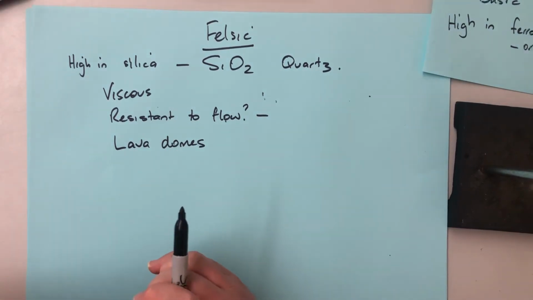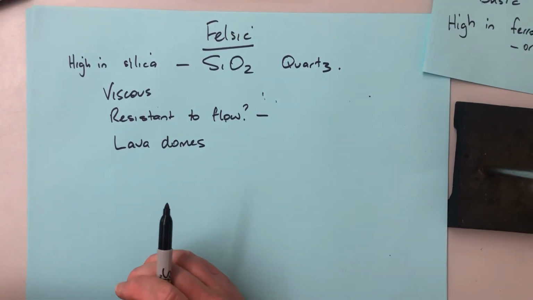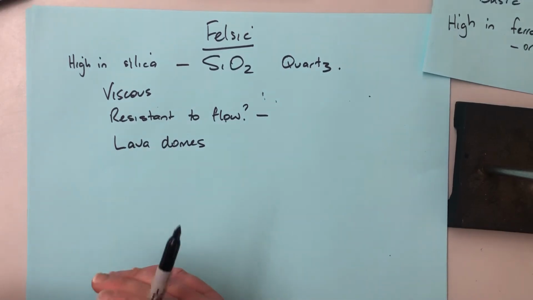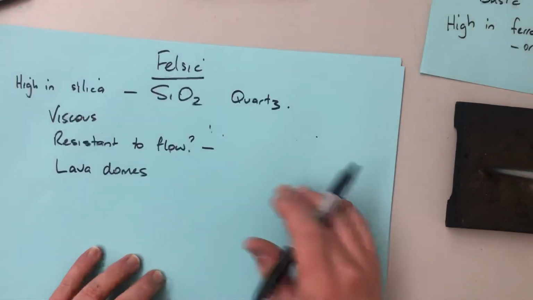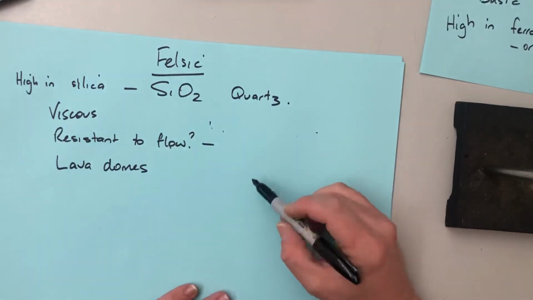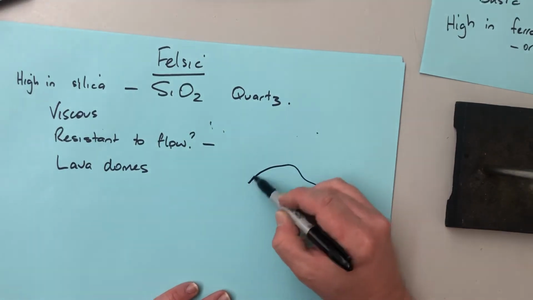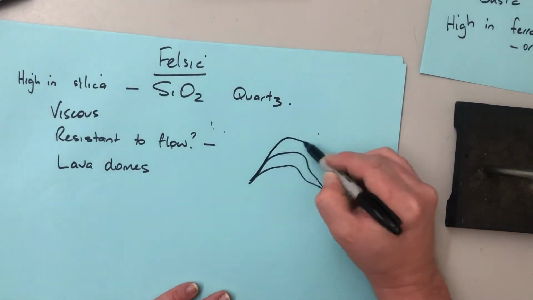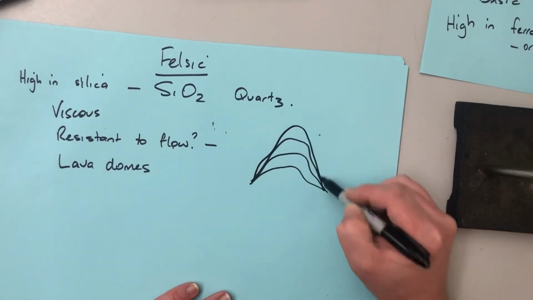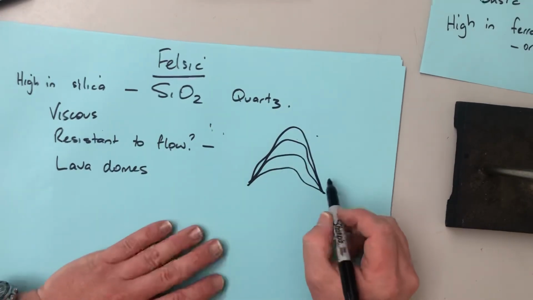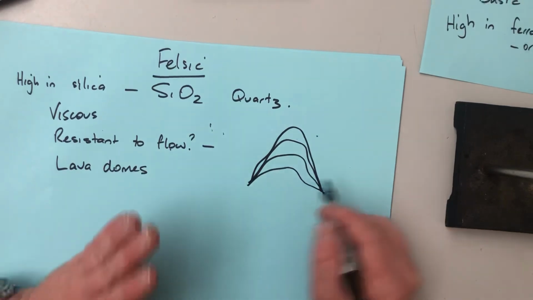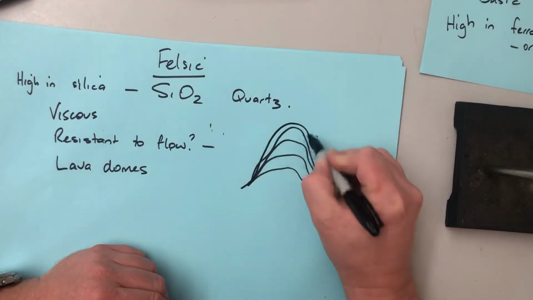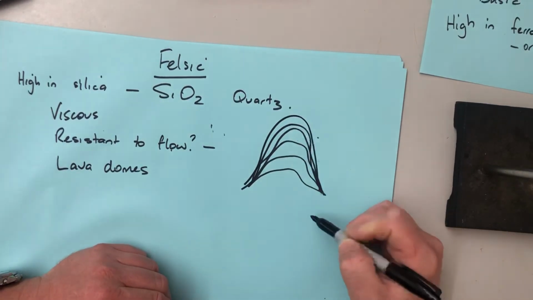We'll talk a bit more about how Mount St. Helens erupted, but rather than forming lava flows, it builds up in this high sort of peak, if you will, of magma that just refuses to flow.